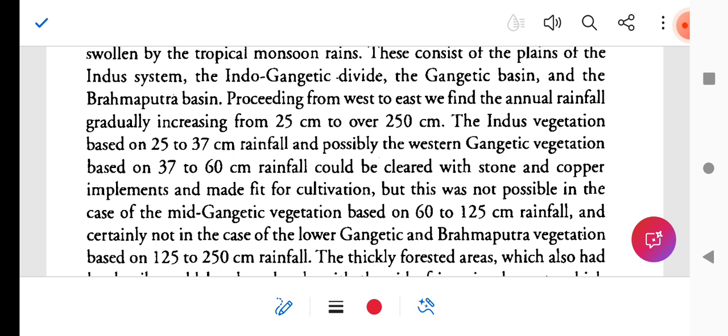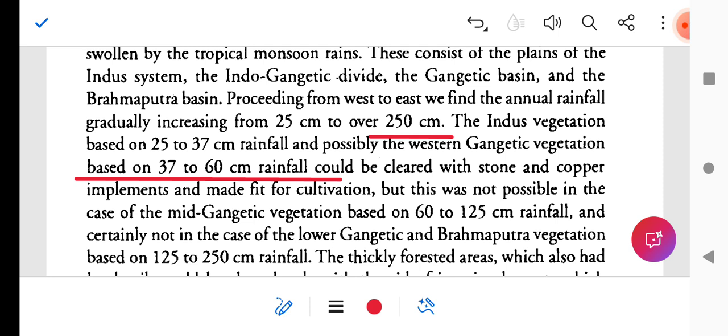Proceeding from west to east, we find the annual rainfall gradually increasing from 25 centimeter to over 250 centimeter. The Indus vegetation based on 25 to 37 centimeter rainfall, and possibly the western Gangetic vegetation based on 37 to 60 centimeter rainfall, could be cleared with stone and copper implements and made fit for cultivation.